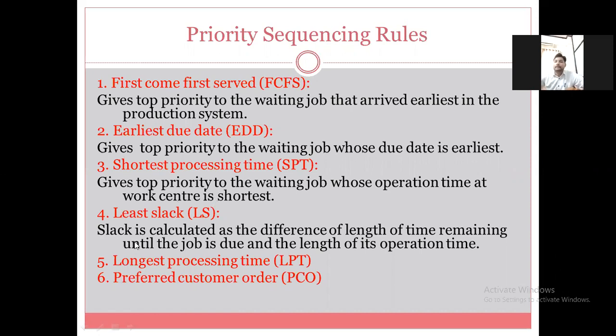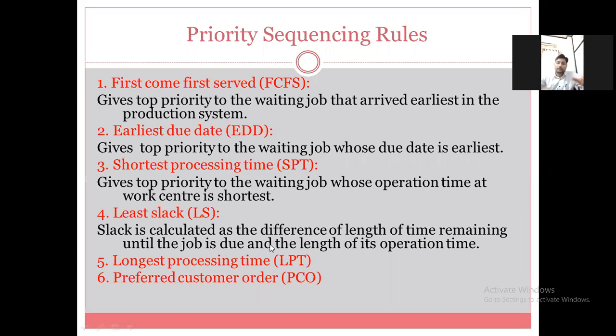Then least slack. Here the difference is calculated between the length of time remaining until the job is due and the length of its operation time. So once again we have to consider the due date and the processing time. How much processing time is required to complete all the operations on that particular job, and how much time is remaining to deliver that product to the customer?